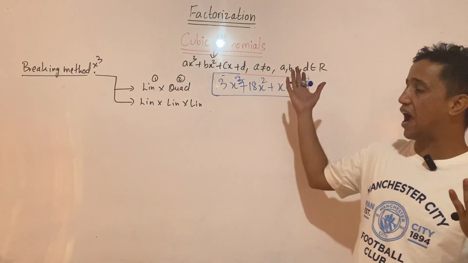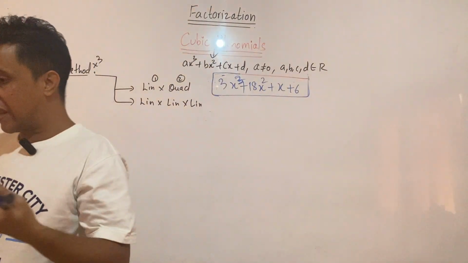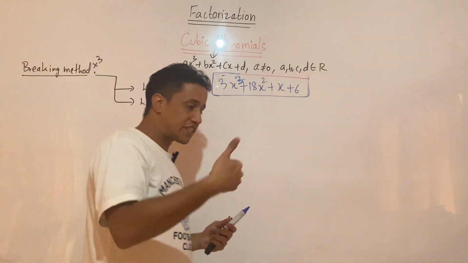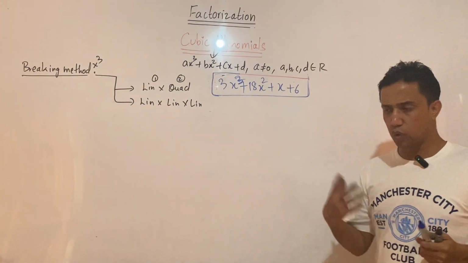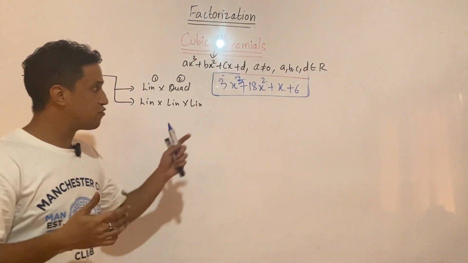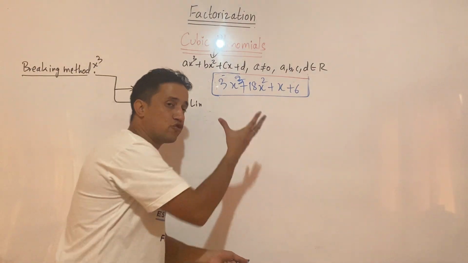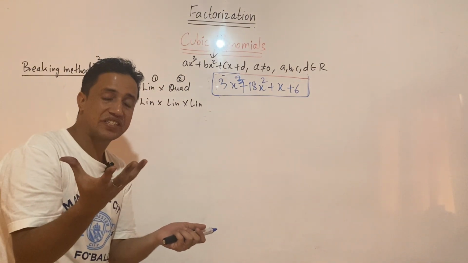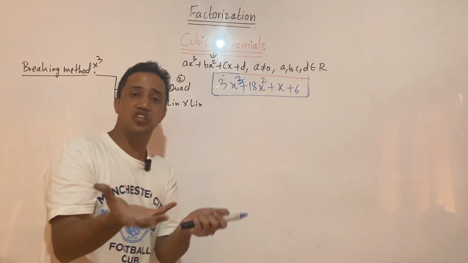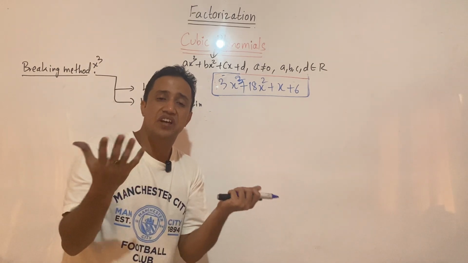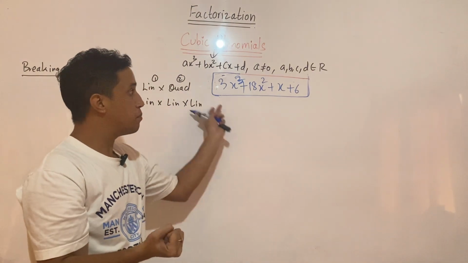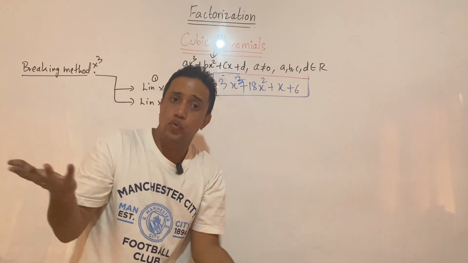Now see here, if I do not have any other way of factorizing the cubic polynomial, what I can do is this. Factors mean getting the values of x. Values of x means solutions, right? And solutions are those values of x which make p(x) equal to 0.